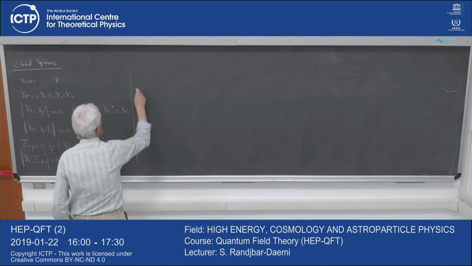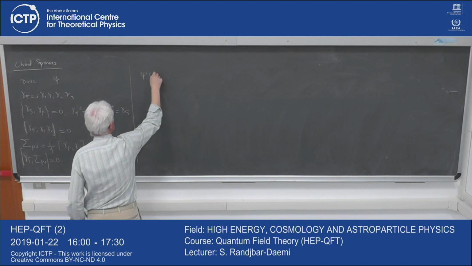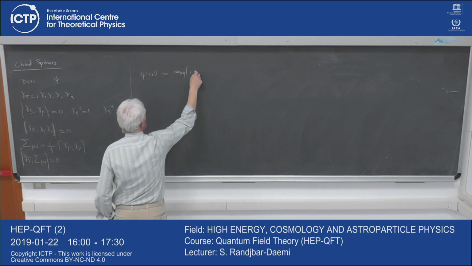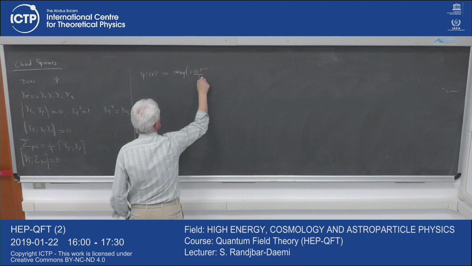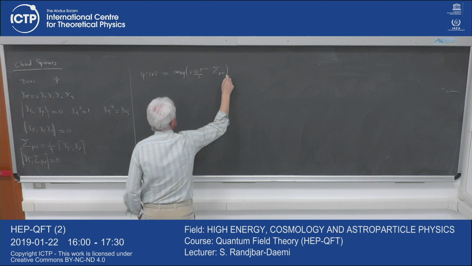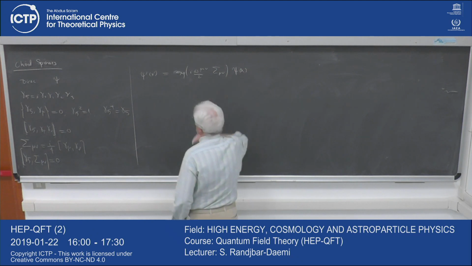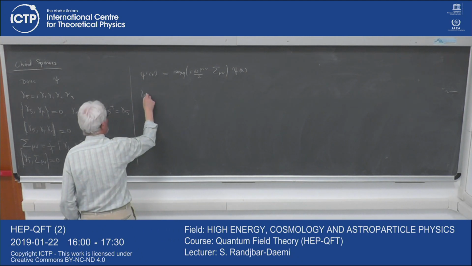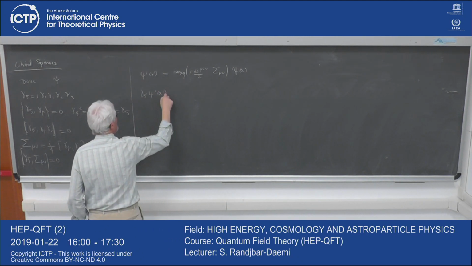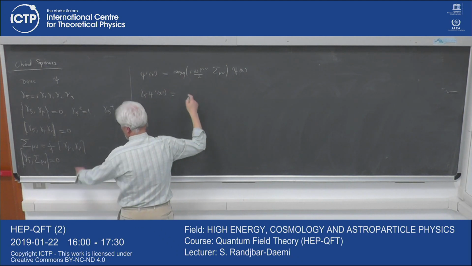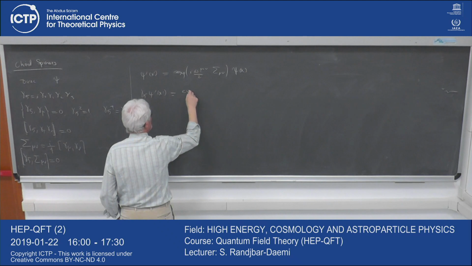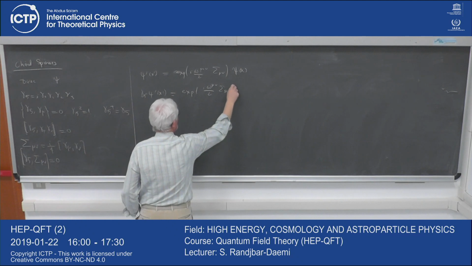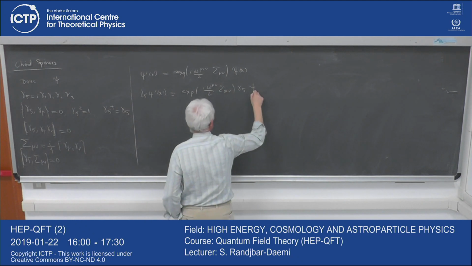Because psi under Lorentz transformation transforms like exponential of i omega mu nu divided by 2 times sigma mu nu times psi. Therefore, gamma 5 times this, because gamma 5 commutes with sigma mu nu, it will go through this term and multiply psi.